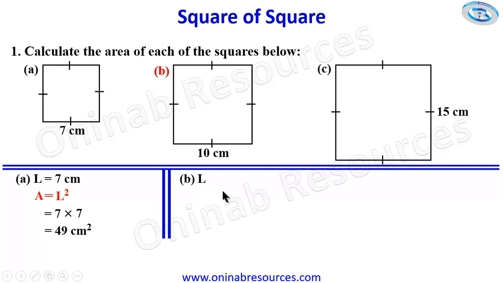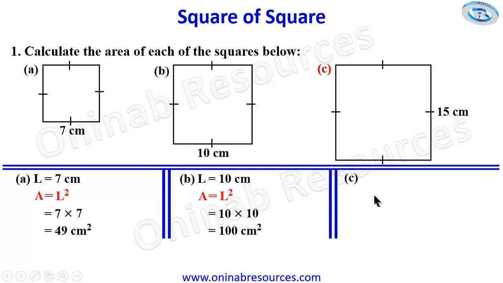So we go to B. For B, the length is 10 centimeters. And since our area is L squared, we're going to have the area as 10 squared, which is 10 times 10. And 10 times 10 is 100 square centimeters. And that's all for B. We then go to C. And the length is also given as 15 centimeters.